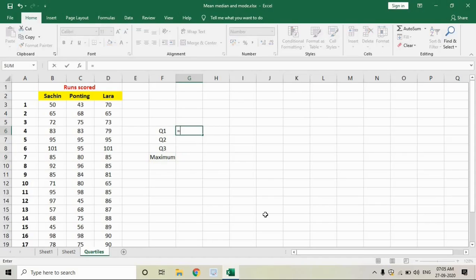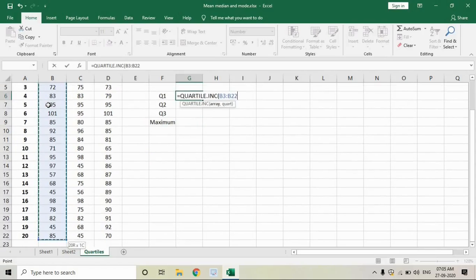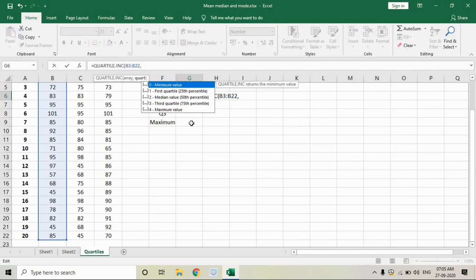For that I need to use the function quartile.inc. I need to select the array first, and you can see that there are 4 values like 1, 2, 3 and 4.